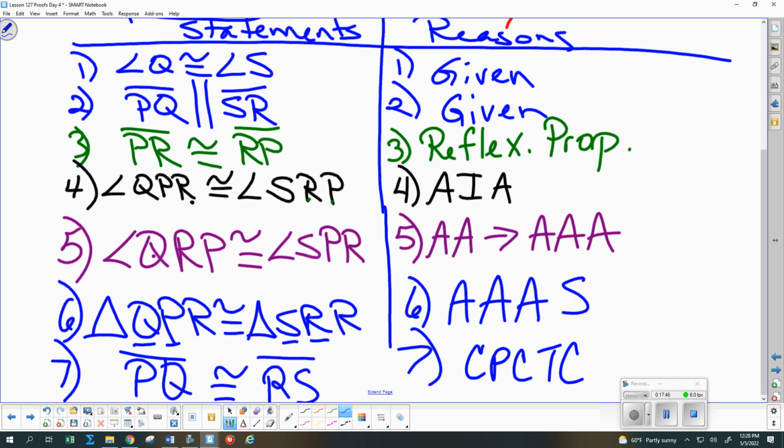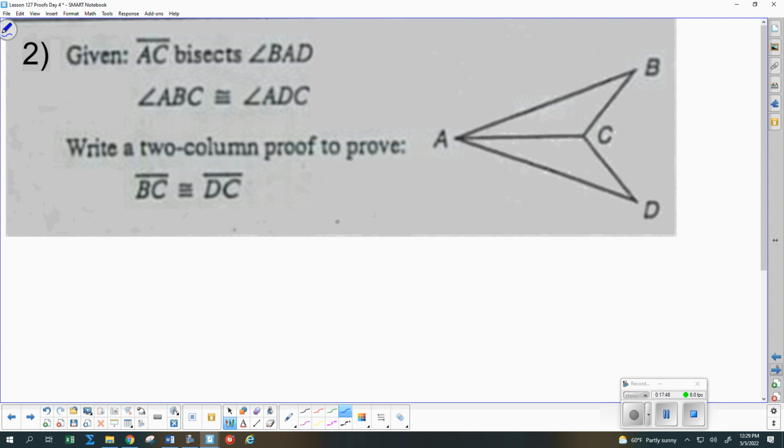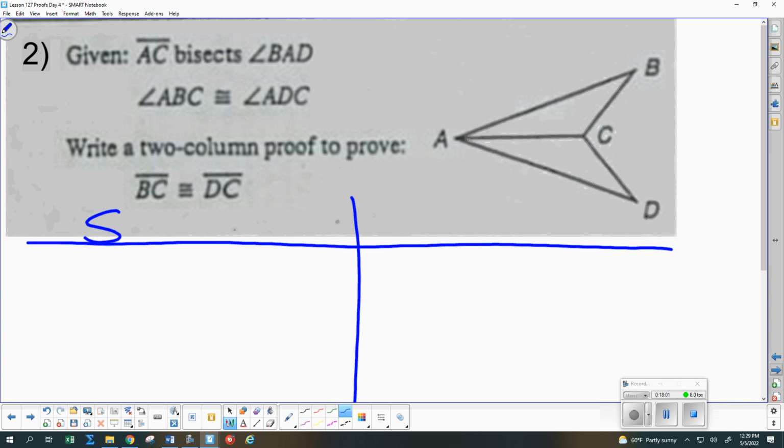All right, turn your papers over and we'll do the next one. So you've got the picture. Draw your T-table. Statements and reasons. And begin by writing down the givens.